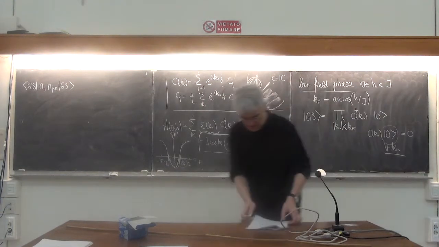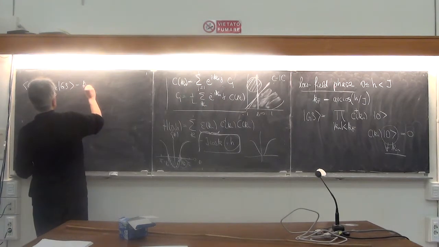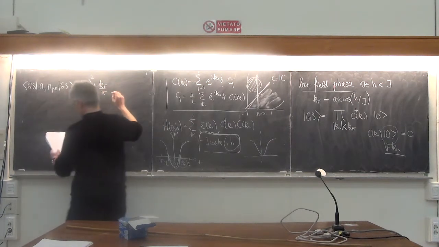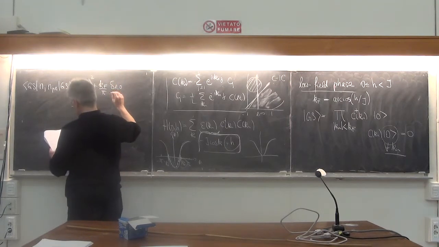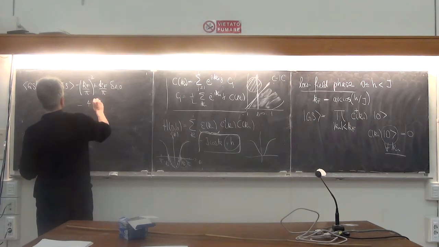So then you can calculate this, and what you find, if I did the calculation correctly, is k_F/π squared plus k_F/π δ_{L,0}, which are just some constants which are not very interesting. But then there's an interesting piece, minus 4 sin squared(k_F L) divided by 2π L squared.